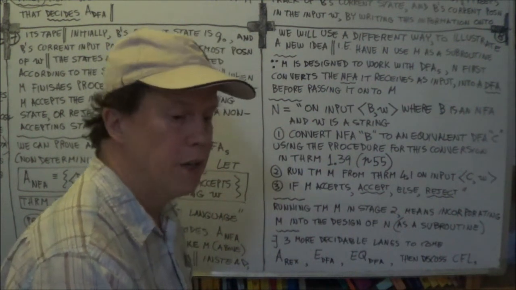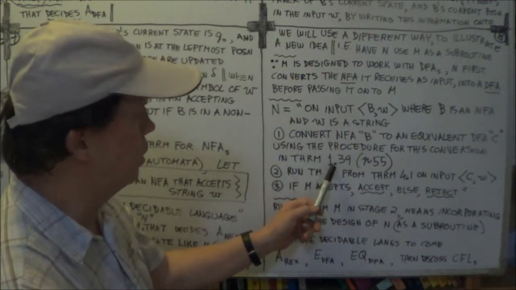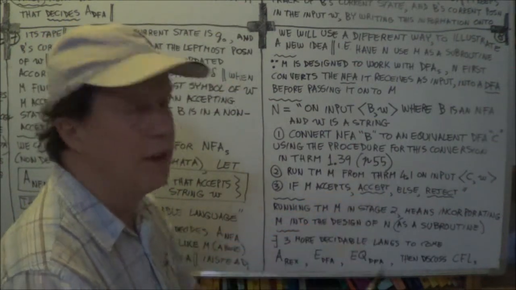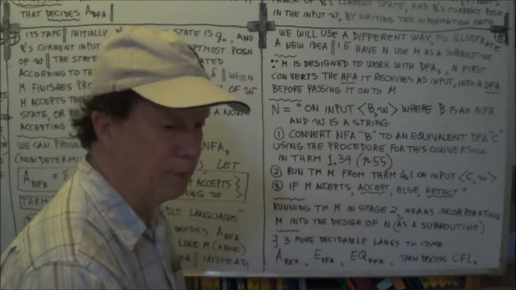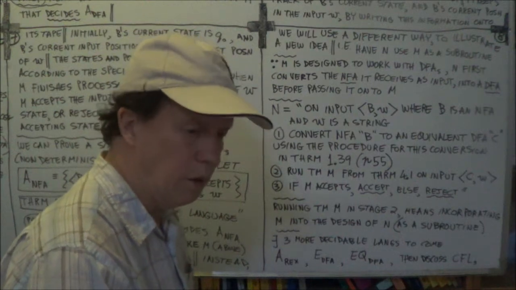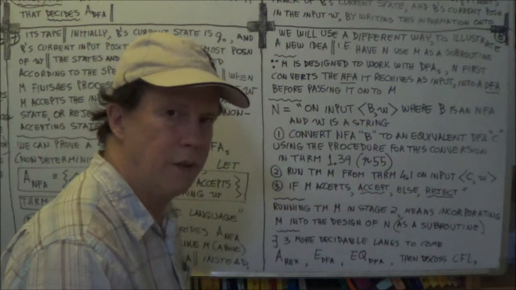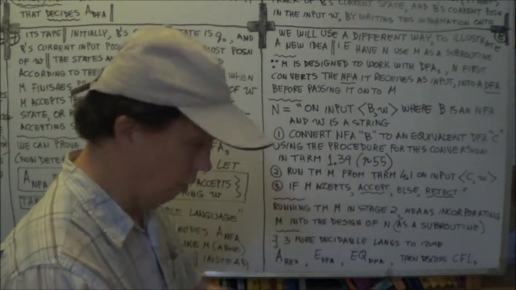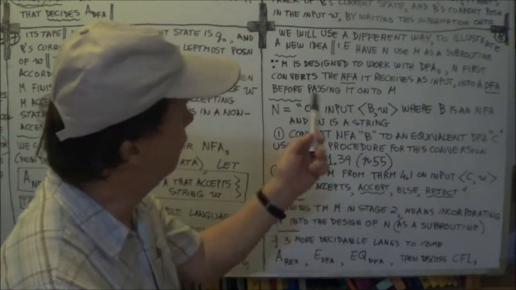So what we first have to do is go back to the theorem in the first chapter, Theorem 1.39, on page 55 of your textbook. Go back and refresh if you've forgotten. That theorem says that you can convert any NFA into an equivalent DFA. Go there to refresh yourselves on how to do that. Okay, so that'll be our first step.